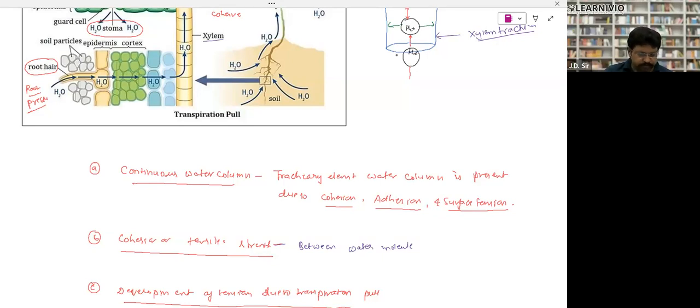Full stop. The water column is present in tracheary element. Full stop.